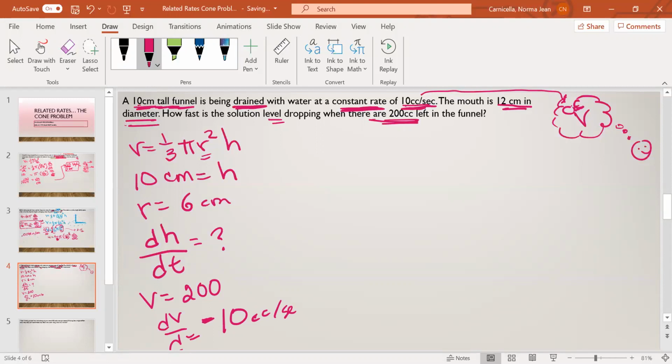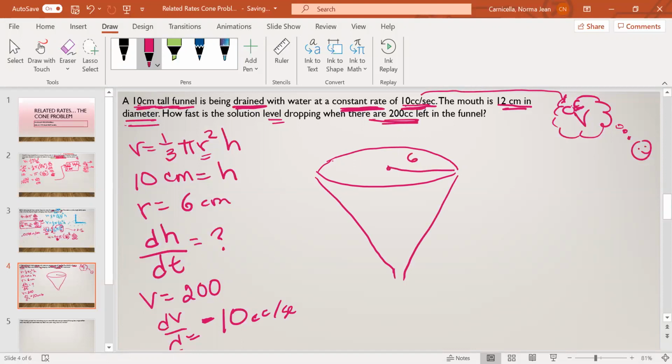All right, so let's go ahead and draw what we have. This is going to look like this because it's a funnel. I know my radius is 6. That's a known.